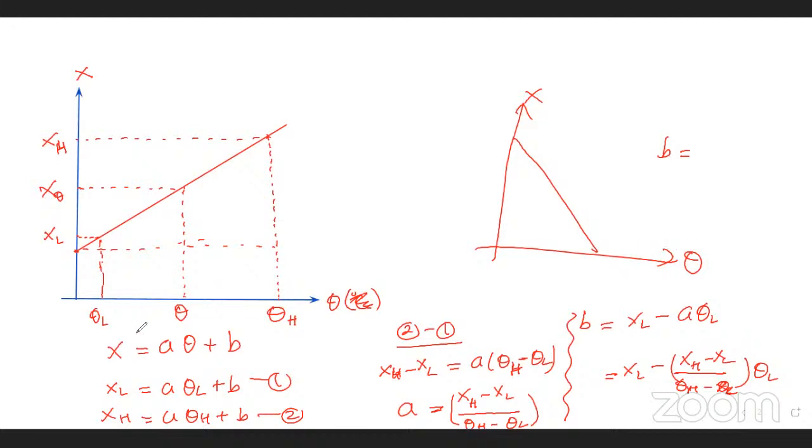Right here, actually, this general formula you can write as X theta equals A theta plus B. So this also you can write as a one, because we need to combine this with theta, because we need to find the theta, the temperature at any temperature.